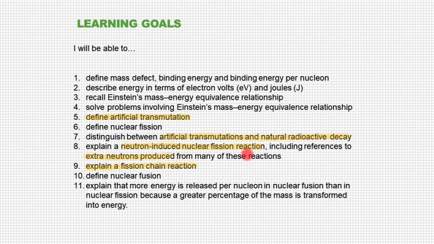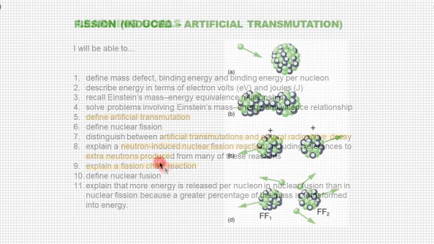And finally we'll have a look at fission in the context of a chain reaction, meaning that the reaction can be self-sustainable in that one of the products released from a single fission reaction can then initiate other reactions, producing a chain reaction.